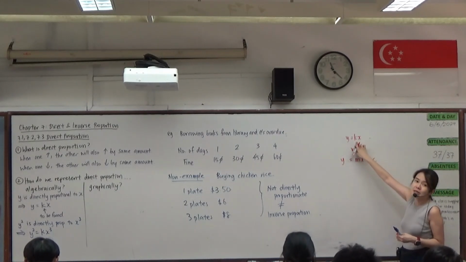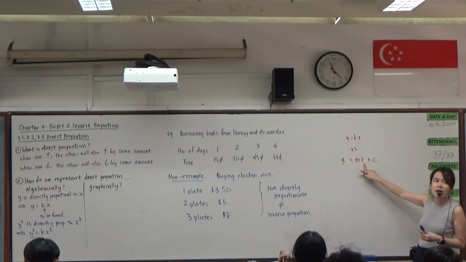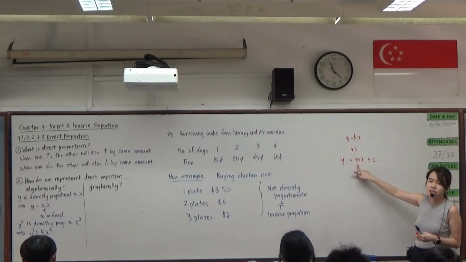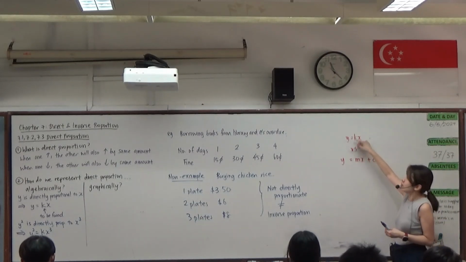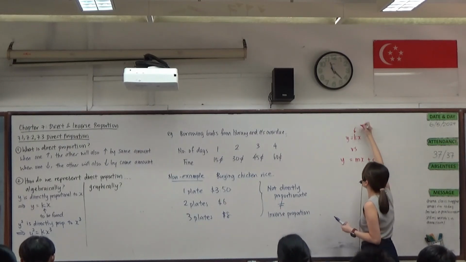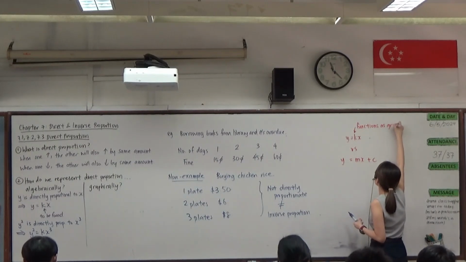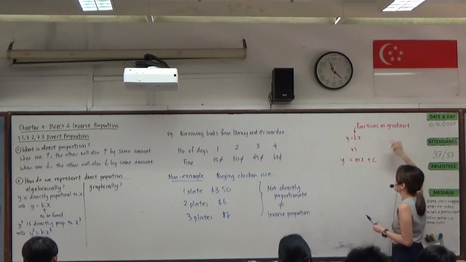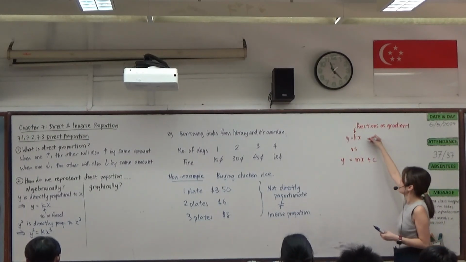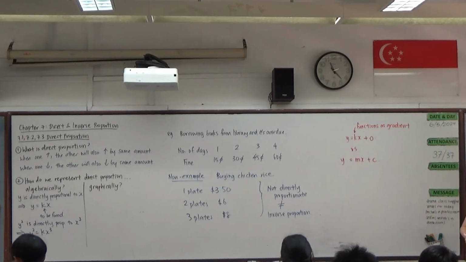I have a number in front of x because k is supposed to be a number to be found. For a linear equation, I also have a number in front of x, which is m. So my k over here behaves like a gradient, or rather functions as a gradient. But there is no plus c. How we understand plus c is that it can also be plus 0. So your y-intercept is 0.